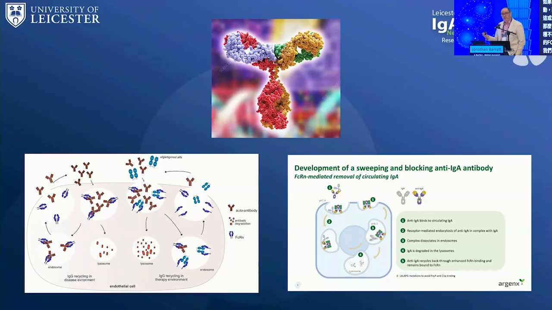It's already being used to treat IgG autoantibodies. So here is efgartigimod. It's approved to treat myasthenia gravis, an IgG autoantibody-mediated disease. And what you can see here is that efgartigimod binds to the IgG and directs the IgG into the cell where it is degraded. Could we do that with IgA?